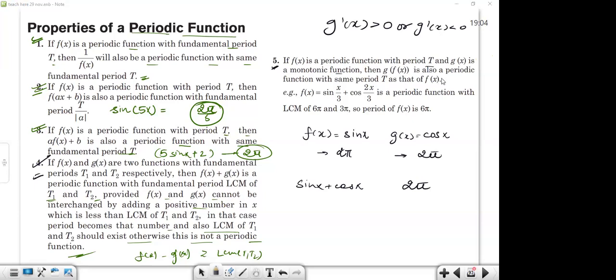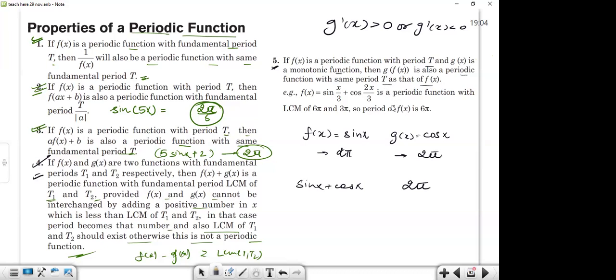Then g of f of x is also a periodic function with the same period t as that of f of x. This is something to remember.